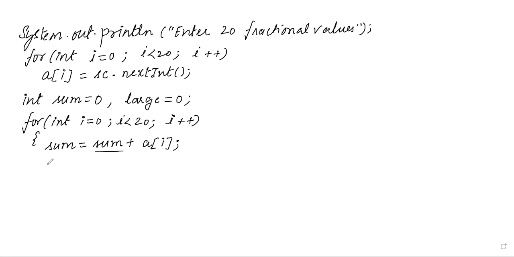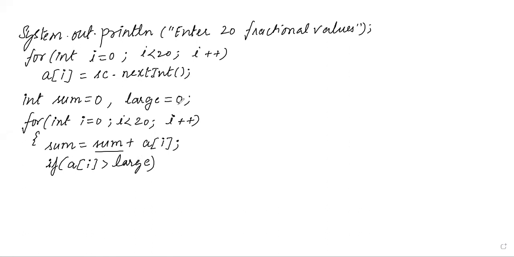So to find the largest value, you compare with the array values a of I. If a of I is greater than the variable large which we had taken, that means array of I consists of a larger value than the variable large.